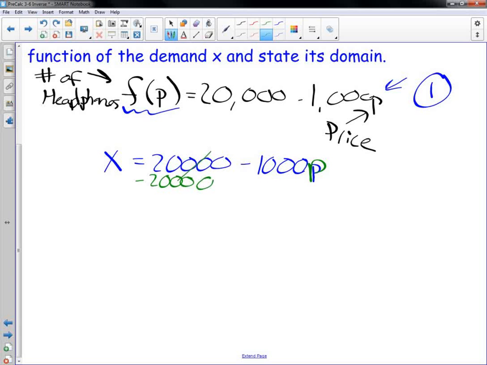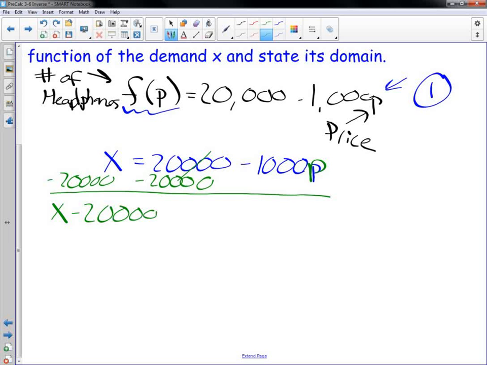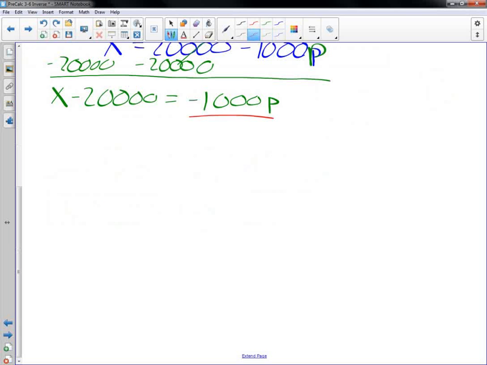Subtract the 20,000, which gives me x minus 20,000 is equal to negative 1,000. All right, and then I divide by the negative 1,000. We have to divide by negative 1,000 everywhere.